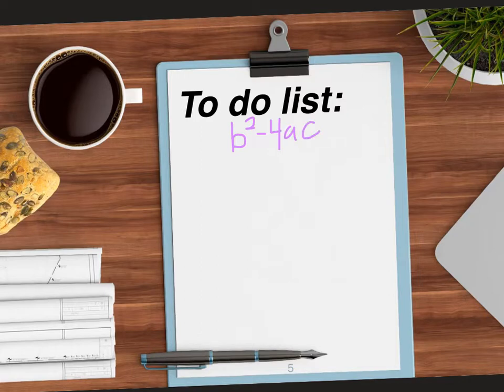And that's when we're using that idea of ax squared plus bx plus c. We're connecting this b to this b, this a to this a, and this c to this c.